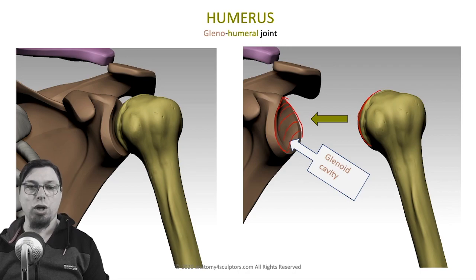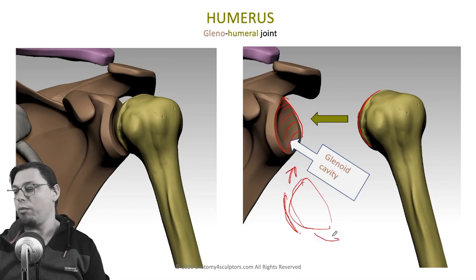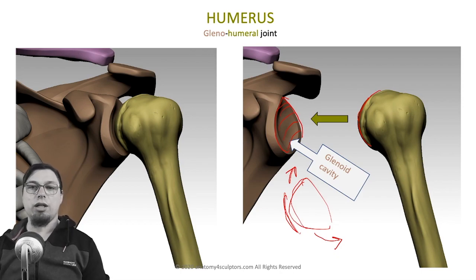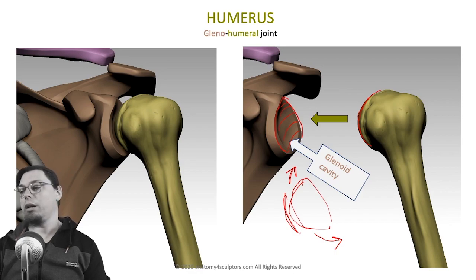Why do you have such a shallow cavity and such a round head? The reason is that it makes the joint more mobile. So you understand that there is this shallow cavity and a very round head of the humerus, and it makes it more mobile and more moving. It's a multi-axial joint. It means that it can be moved in various directions.